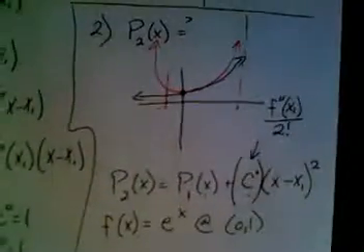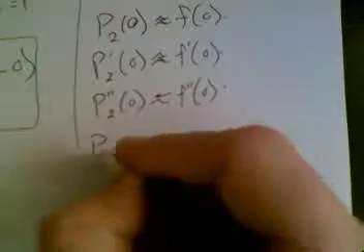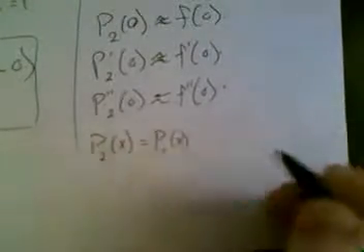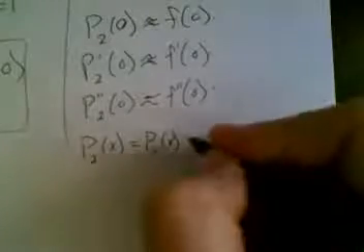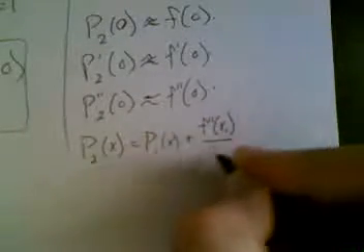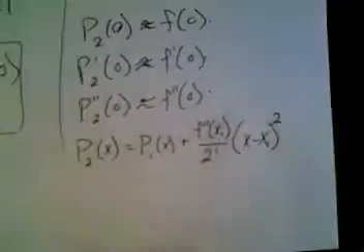So, what is the quadratic approximating polynomial? It will always be, for every function, p sub 2 of x equals p sub 1 of x, the linear approximating polynomial, plus the second derivative at that point divided by 2 factorial times (x minus x1) squared.